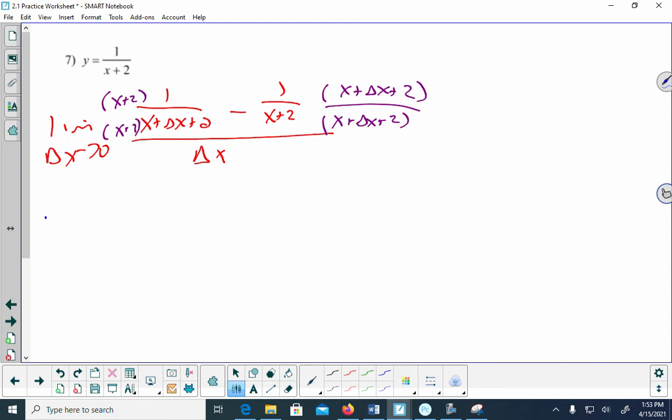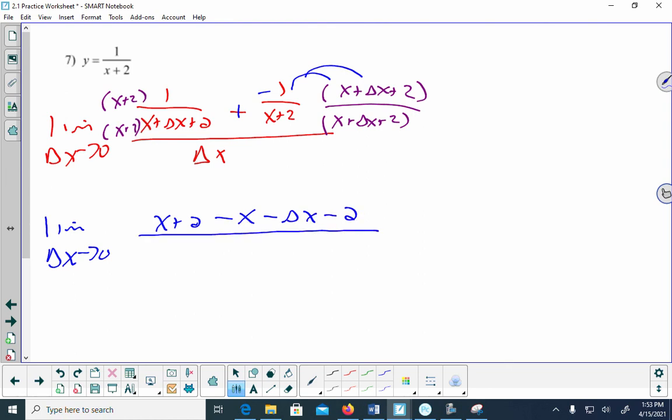So when I do that, I'm going to have the limit as delta x approaches 0. When I distribute the 1, that'll be x plus 2. I'm going to go ahead and distribute this. I'm going to think of this as a negative 1 and distribute that negative 1. So this will be minus x minus delta x minus 2. My denominator for this up here is going to be x plus 2 times x plus delta x plus 2.